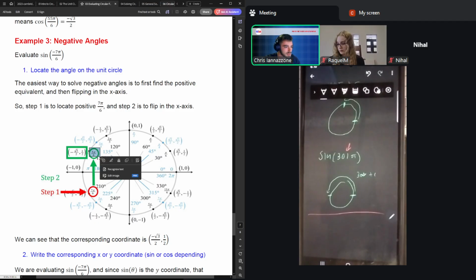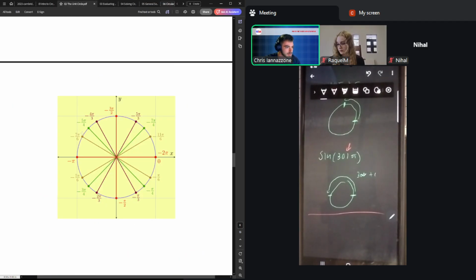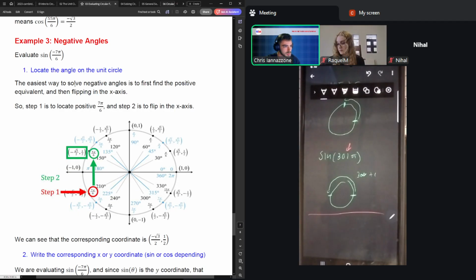And the 5 pi over 6 spot, if we look at the negative component, is negative 7 pi over 6. So in 2 steps: step 1, pretend it doesn't have a negative sign and just find that on the unit circle with whatever method you need to. Then flip vertically to account for the negative and give that as your coordinate.